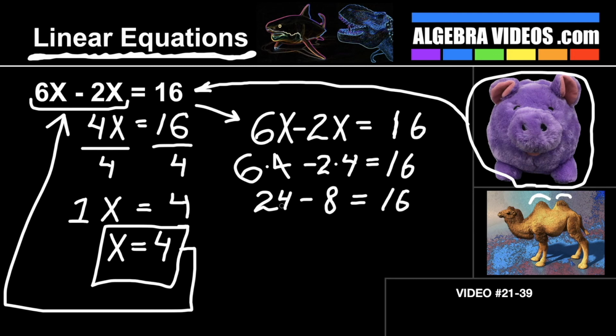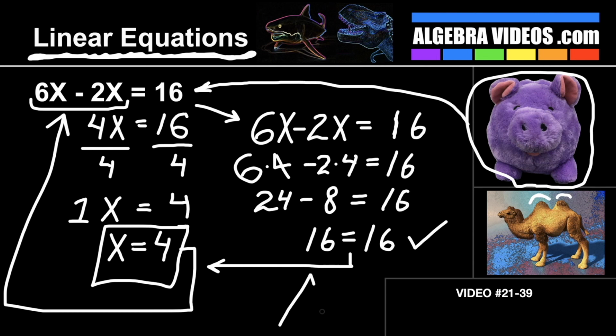Okay, now simplifying again. 24 minus 8, that's 16. And on the right side, we just rewrite the 16. So plugging in 4 works. 16 does equal 16. You get an equation that works. And so you know that you're correct. Your solution was right. X does equal 4. And so I'm going to give us an A+.